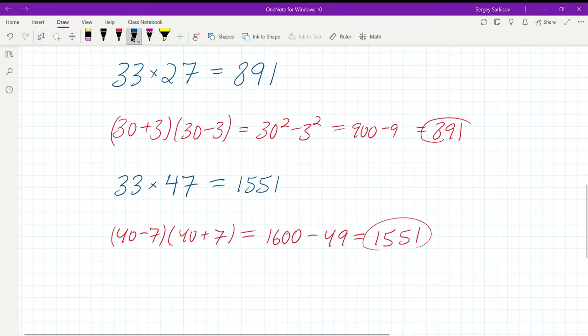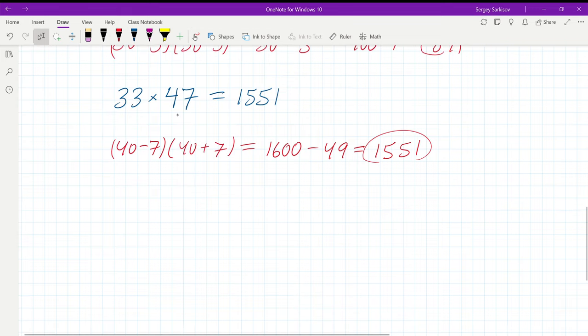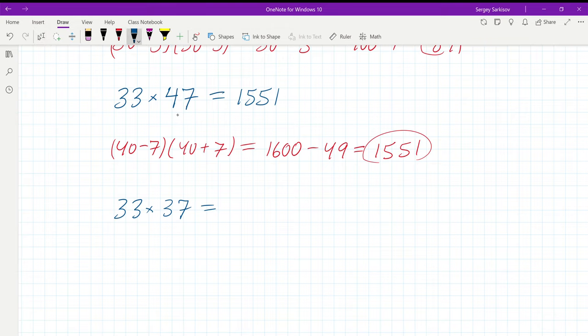For example, what's another way you could do this? 33 times, let's say, 37. Well, 33 times 37 may be a little more difficult, but I'll show you whether I can do that. 35 squared is 1,000. So 900 plus, I think, 1,050. Let's see, one second. So 30 squared, 900, plus 300.